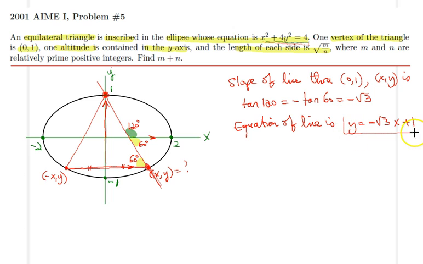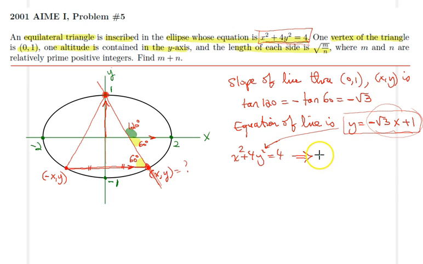Now that I know the equation of the straight line, I can go ahead and solve it simultaneously with the equation of the ellipse. All I will do is substitute this value for y into the ellipse. So x squared plus 4y squared equals 4 implies, after plugging in here, x squared plus 4 times (minus √3 x plus 1) squared is equal to 4.